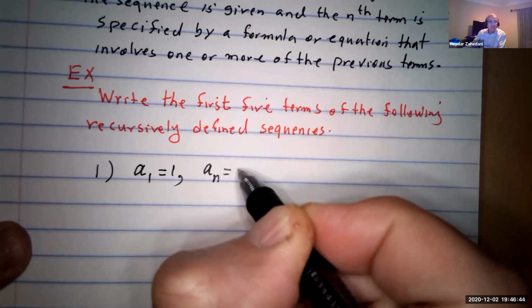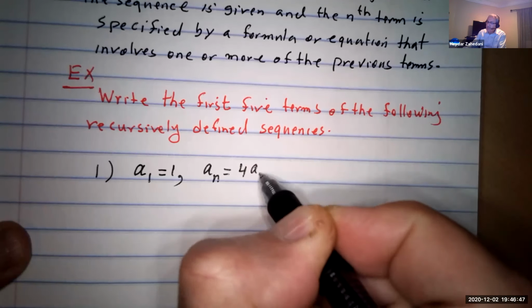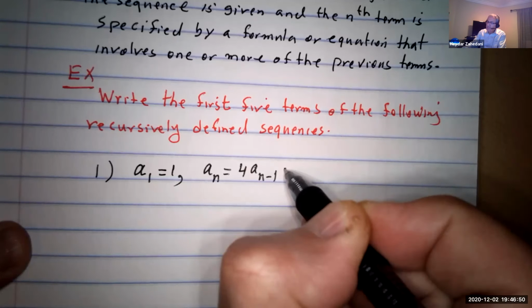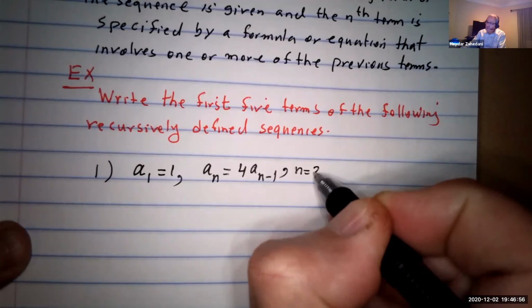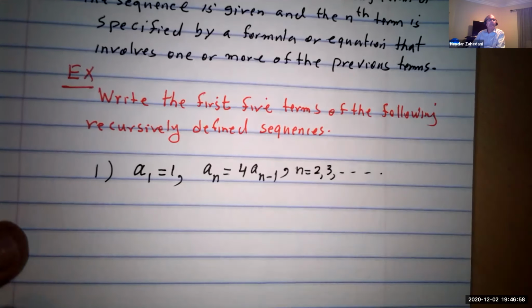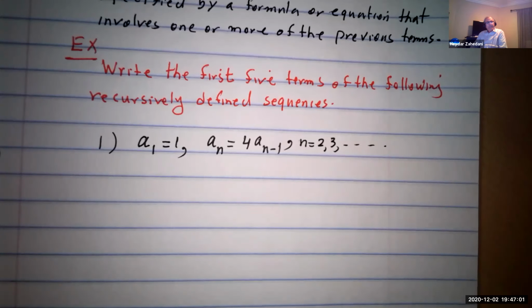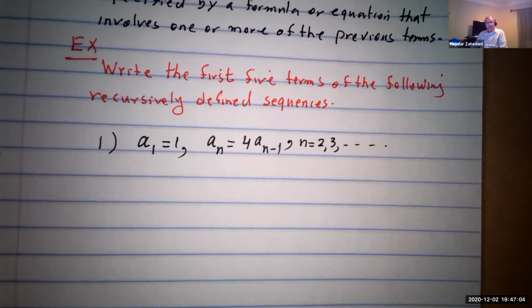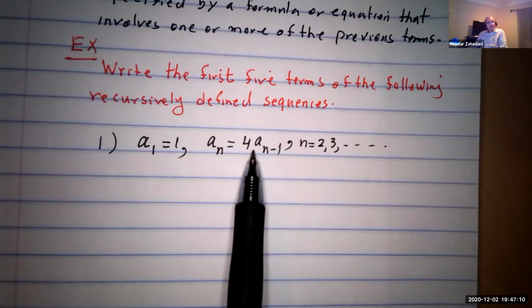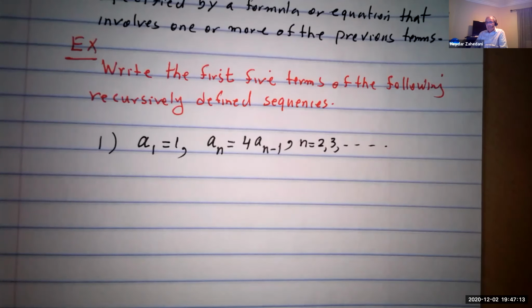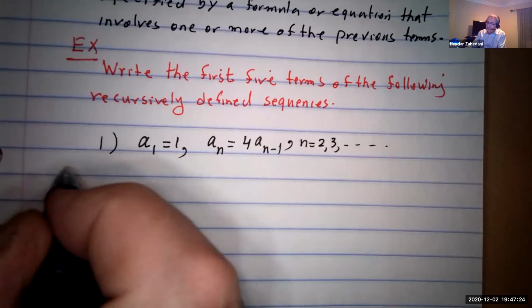You'll be told that an is equal to 4an-1, of course, when n is equal to 2, 3, etc. So the first term is given, and this means each term is 4 times the previous one: an equals 4 times an-1. So this is how we're going to list the terms for the solution.